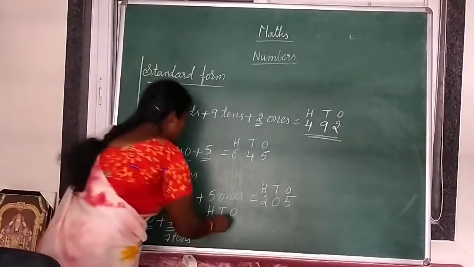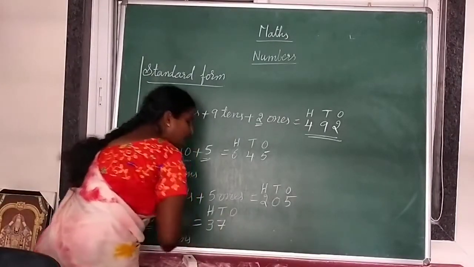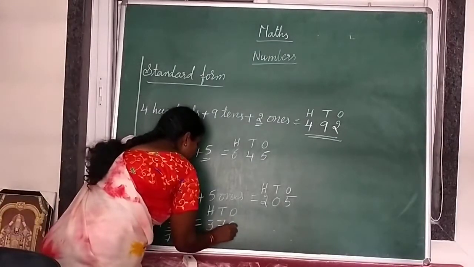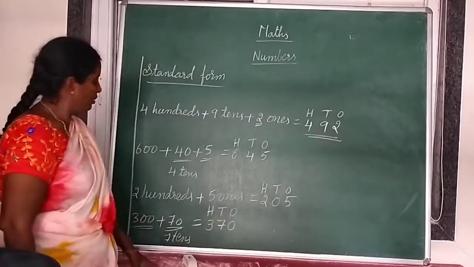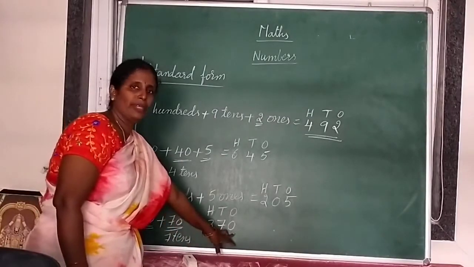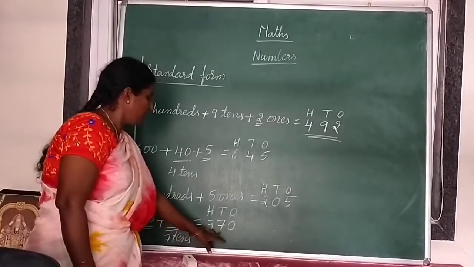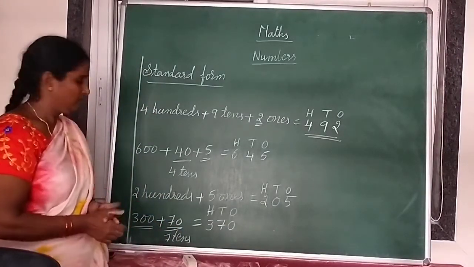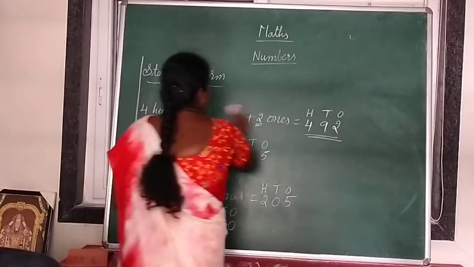There is no ones. So what should we write in ones place? Yes, we should write 0 under ones place. So what is that number? 370. Understood? It is nothing but 370. Okay? Next.